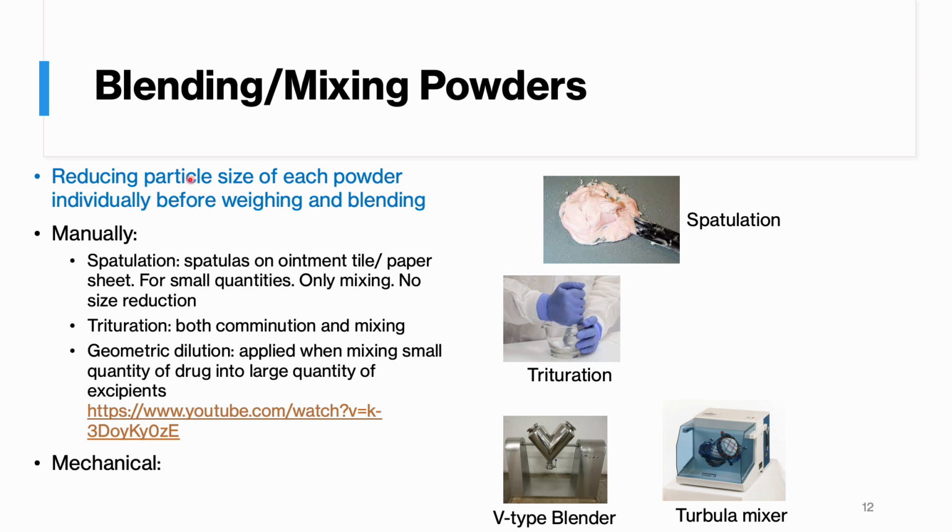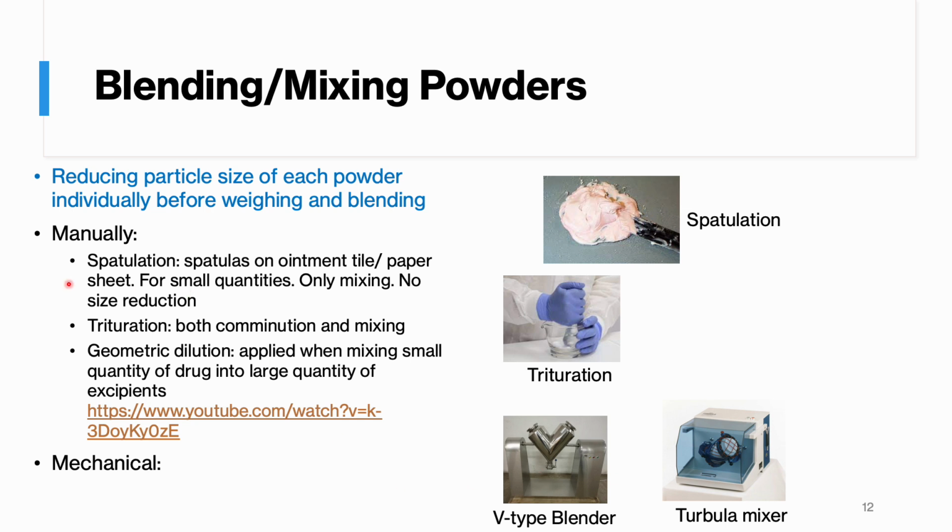In general, powders can be blended or mixed by manual method or mechanical method. Mechanical methods using different types of mixers or blenders are normally applied in industry or in the pilot scale of the laboratory.